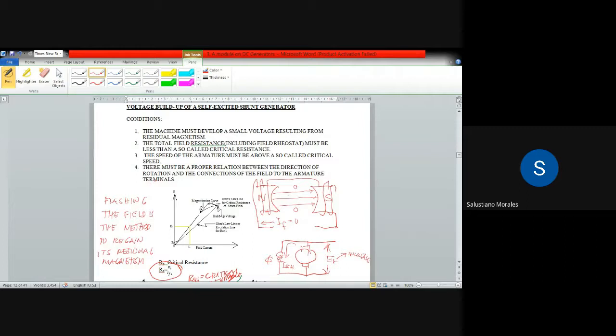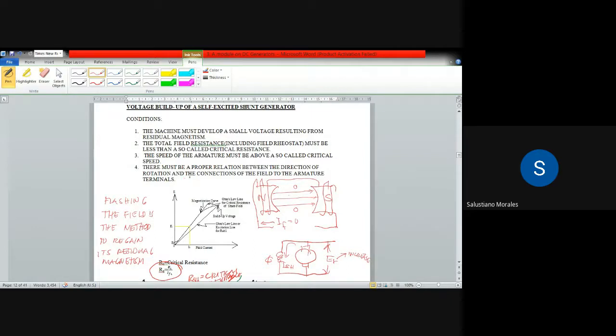In the separately excited, there is no problem in building up voltage because we excite the field winding by another DC source, meaning it will already produce the necessary flux to be cut by the conductors in order to generate voltage and also power later on.